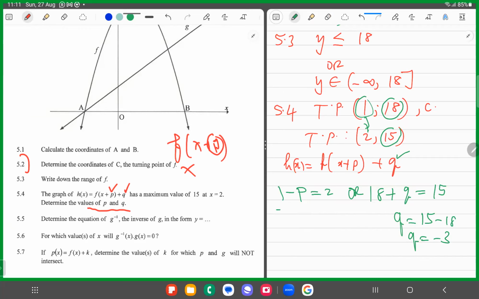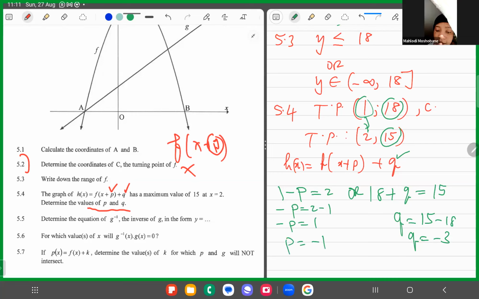So you would say you have minus p, and you have 2 minus 1, in which case you have 1, and then minus 1. Or you can look at it this way, and say that your p itself is actually minus 1, because you analyze what happened.